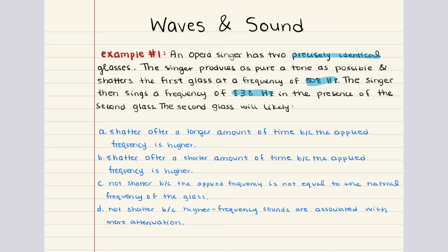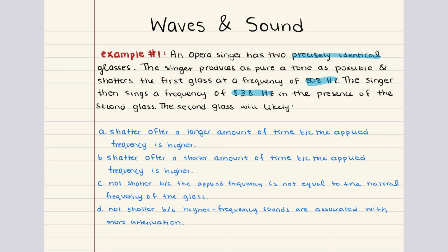However, the new frequency that's applied to the second glass, that frequency of 838 hertz, doesn't match its natural frequency. When a frequency does not match an object's natural frequency, resonance doesn't occur, meaning that the vibrations induced in the glass are not amplified to the same extent.